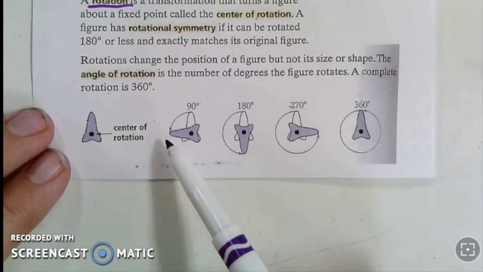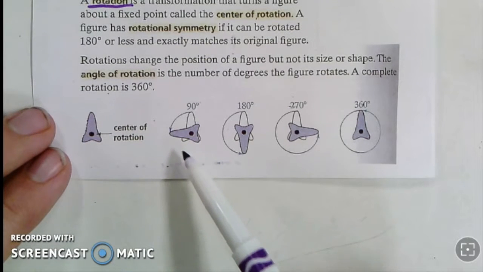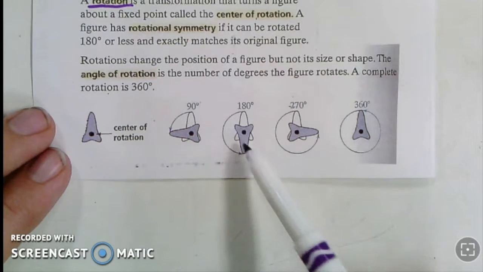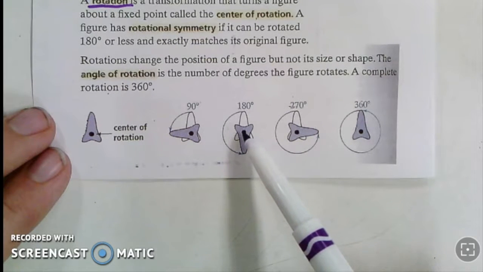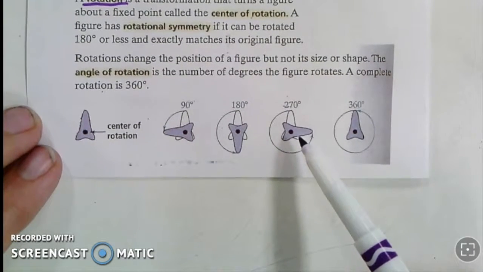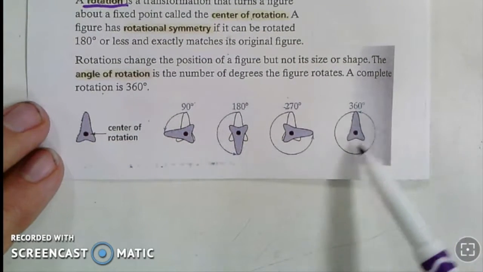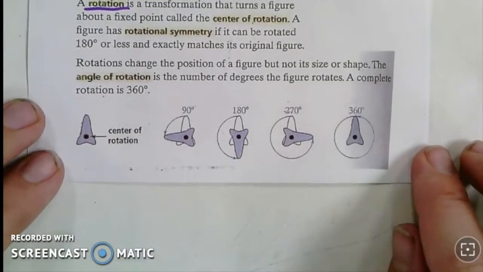And we always rotate counterclockwise unless we're told that we're rotating clockwise. 180 degrees would be it flipped upside down, but notice that because the center of rotation is here, the figure isn't on top of itself over here. 270 degrees is 3/4 of the way around, and 360 degrees is a full loop around.